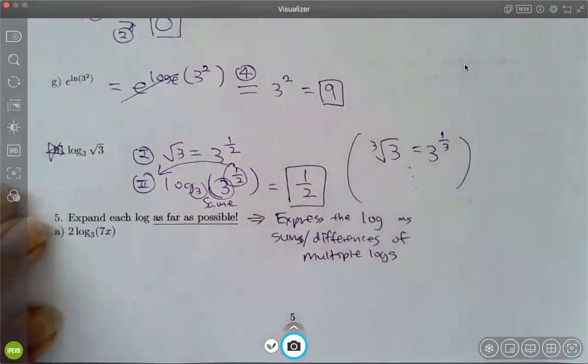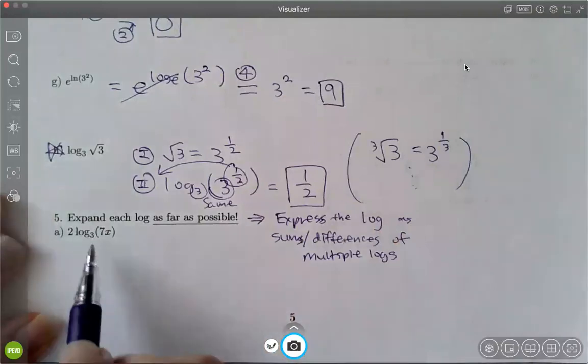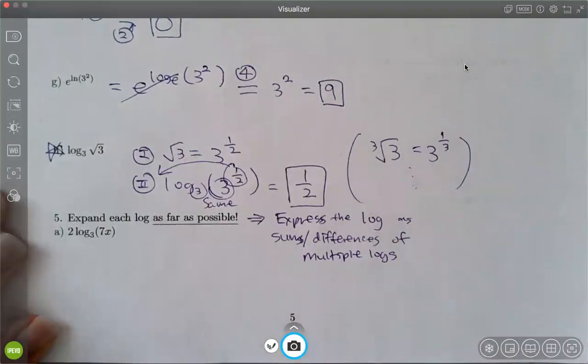That's what this problem means. You cannot stop where you want to stop. You may want to say this one cannot be expanded. You could see problems like that, but that's very rare. 99.9% of the time, the given log will be able to be expanded, which means it can be broken down further.